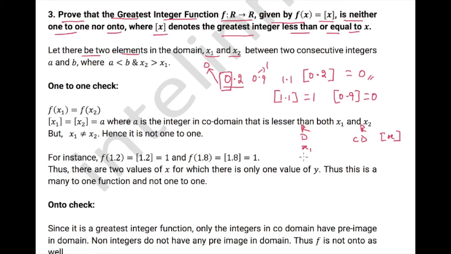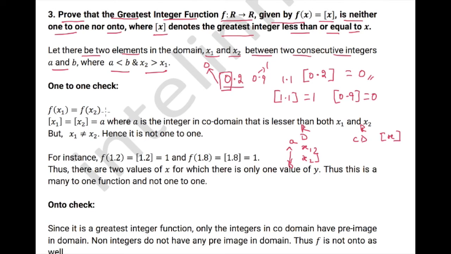So I take two numbers x1 and x2 between two consecutive integers a and b. So let's say a is here and b is here. Between a and b, I am assuming two numbers x1 and x2. a is lesser than b, that's our assumption, and x2 is greater than x1.